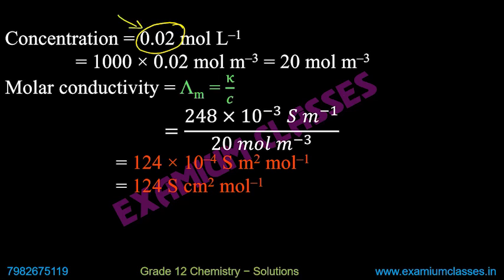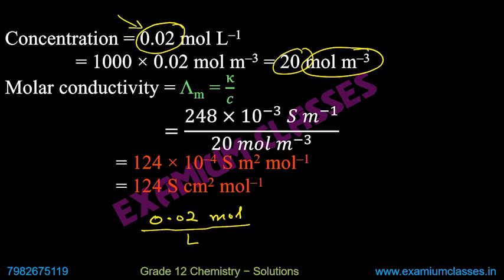0.02 mole per liter, we have converted it into mole per cubic meter. 1 liter is equal to 10 to the power minus 3 cubic meter. So how will you convert it? Understand it. Concentration is 0.02 mole per liter. Liter inverse means in the denominator you have liter. This liter you have to convert into cubic meter.